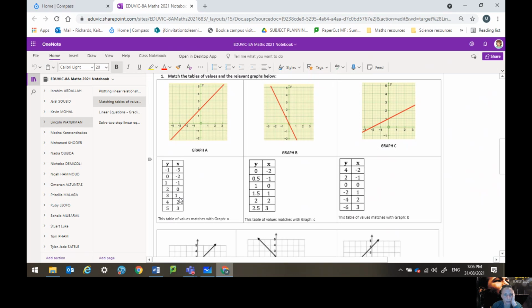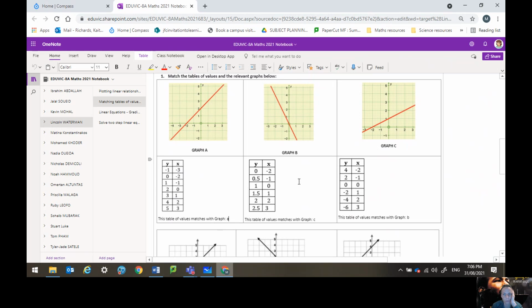Righty, and I'll show you another example. When x is 1, y is 3. So x is 1 and y is 3. And there you go. The line is sitting over that point on the Cartesian plane. So that must mean that graph A and the table of values match in this example.